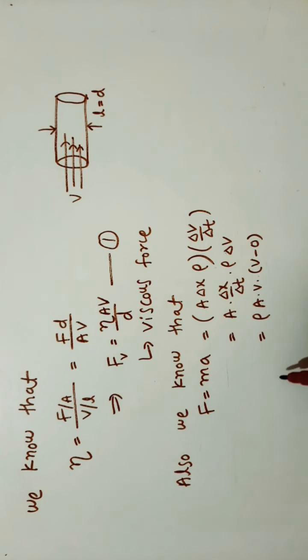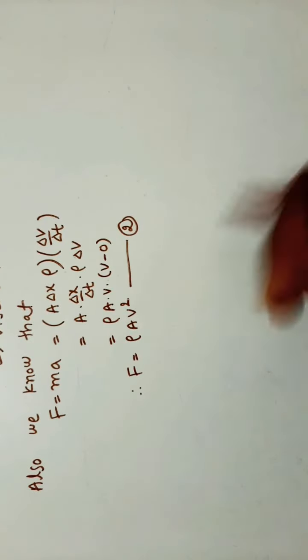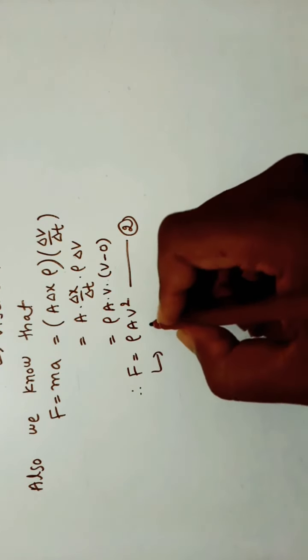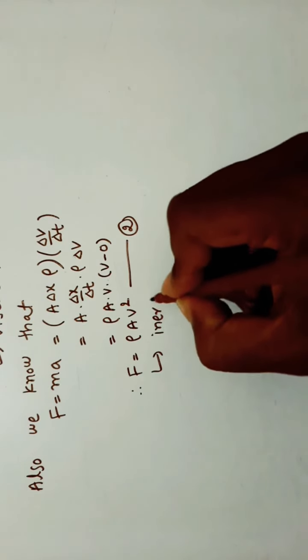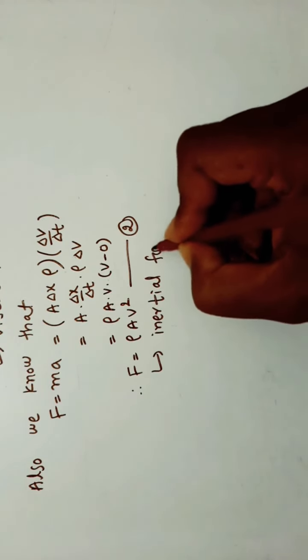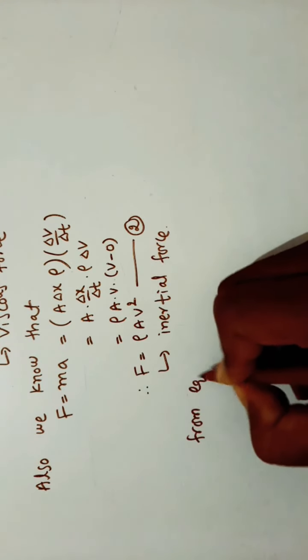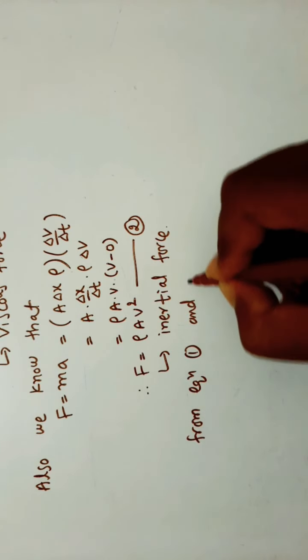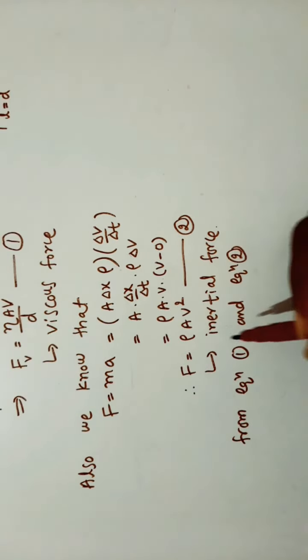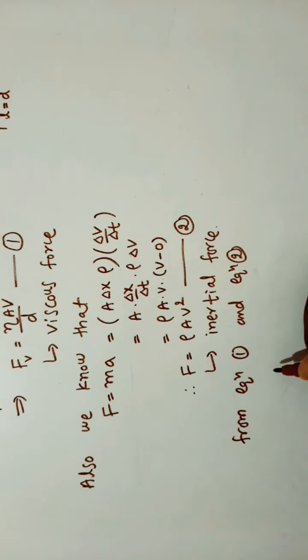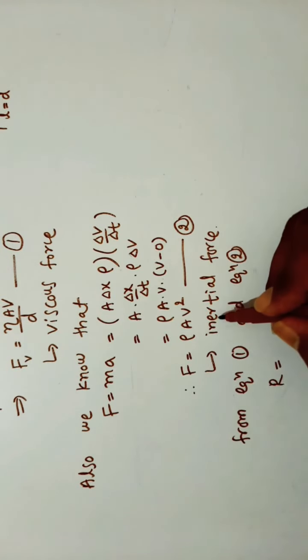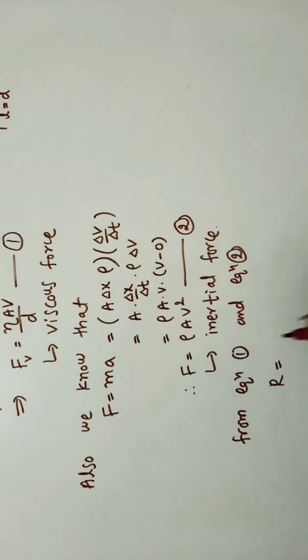So finally we can write F is equal to rho A V square. Let us take this as equation 2. This force is known as inertial force. So from equation 1 and 2, we can write R is equal to inertial force by viscous force.